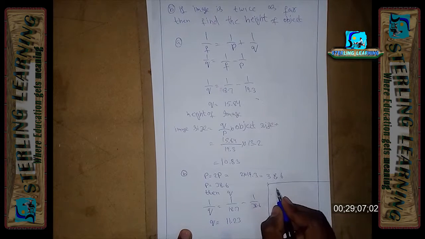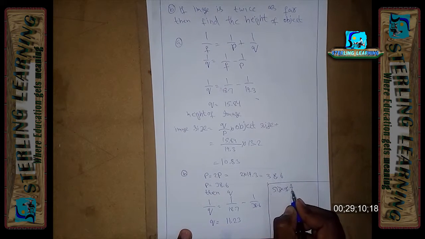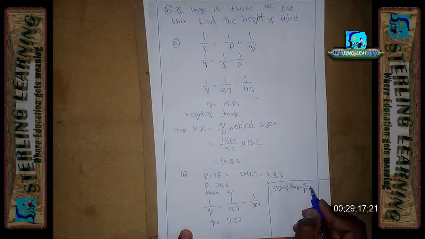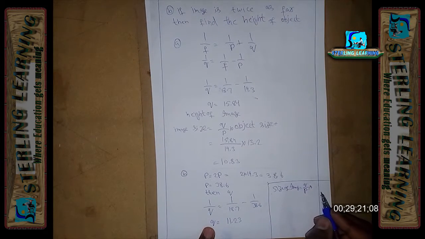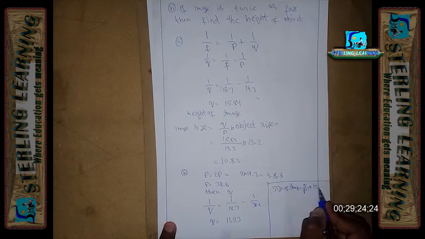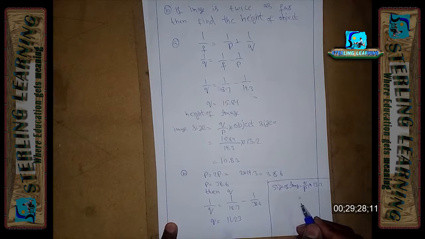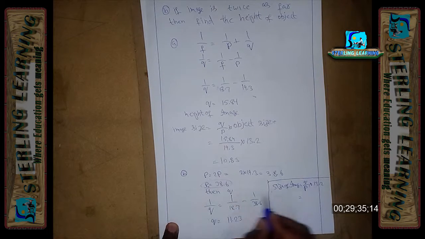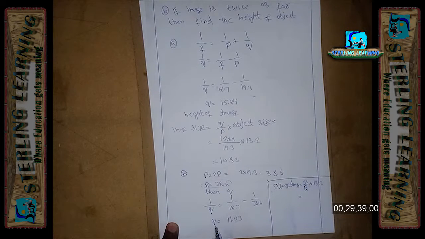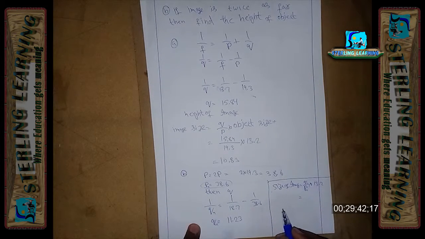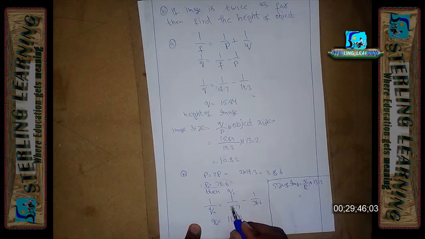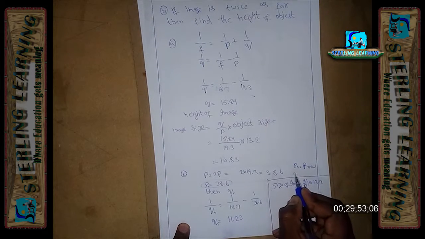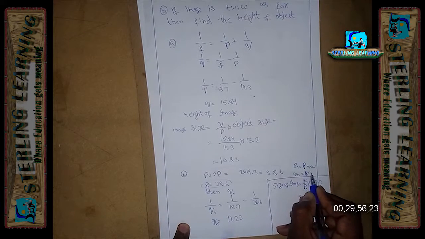So now again for the calculation of size. Size of image is new q over new p into the object size 13.2, q over p, this p and p new, q and q new.